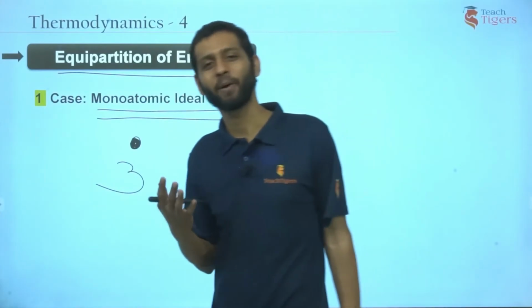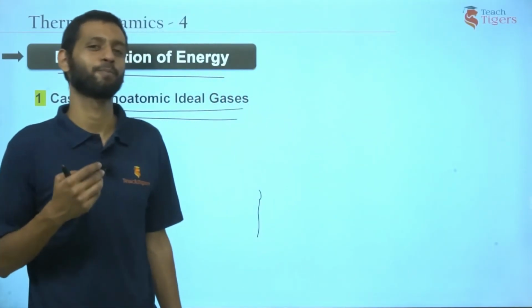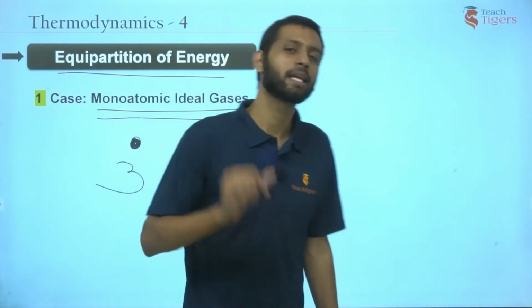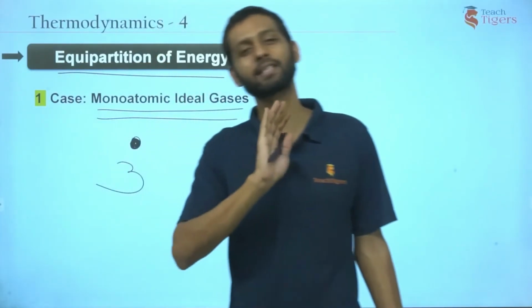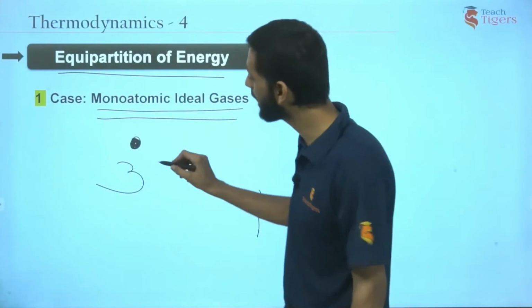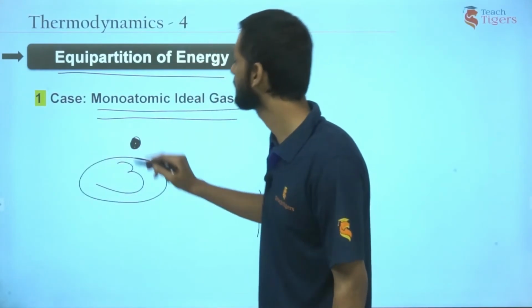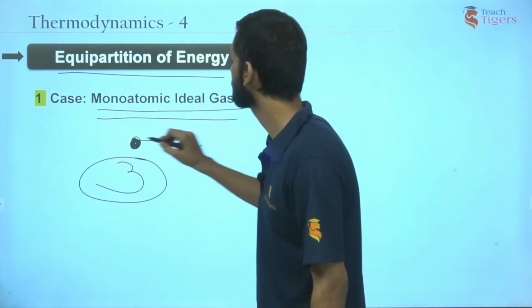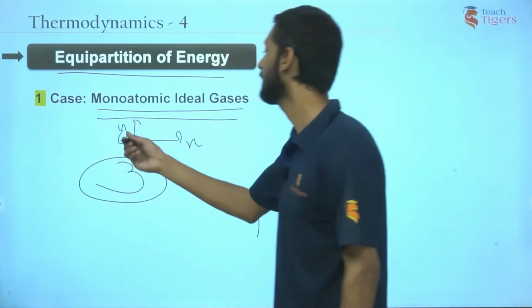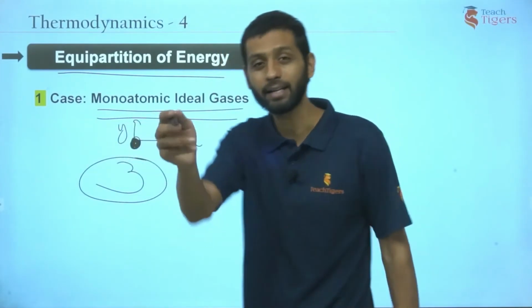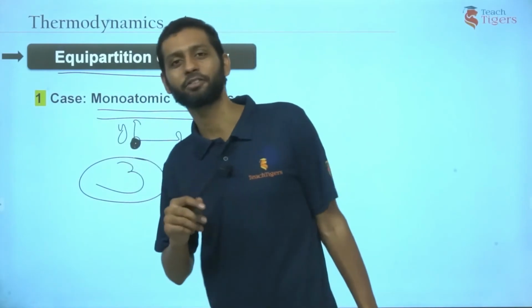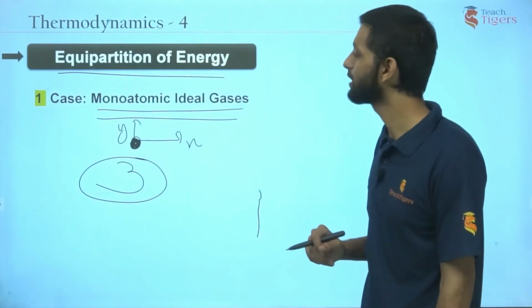It is 0. If the radius of a point is 0, can it rotate? The answer is no. It can't rotate, so it only has 3 degrees of freedom. It can go in x direction, y direction, and z direction as well. 3 degrees of freedom. And what does equipartition of energy say?